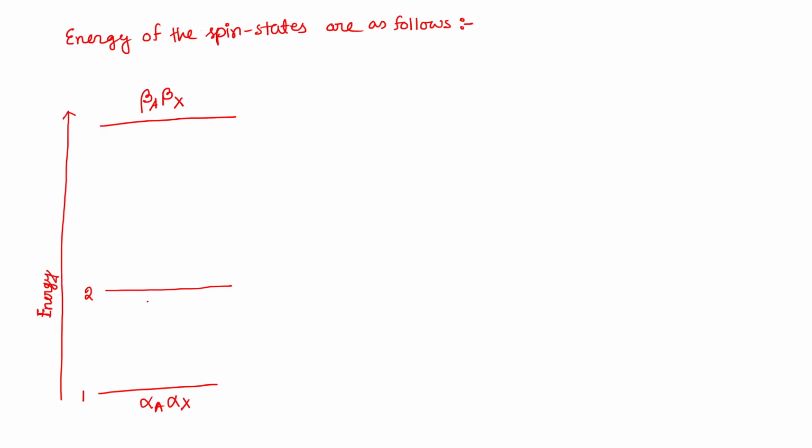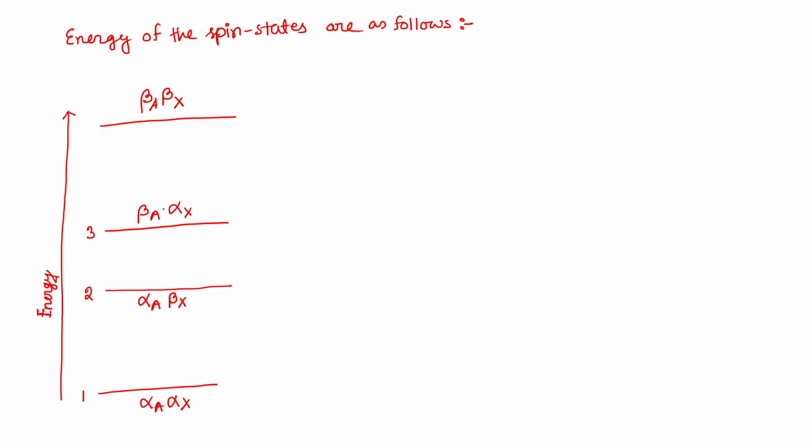The first excited spin state would be alpha A, beta X, and the third would be beta A alpha X, because these are having a minor difference, one is stabilized and one is destabilized.